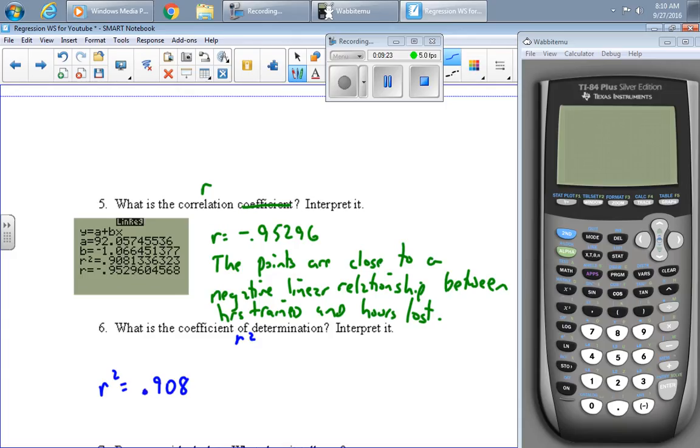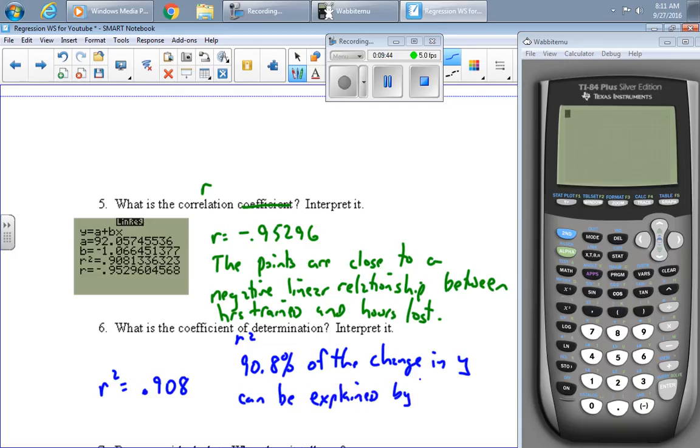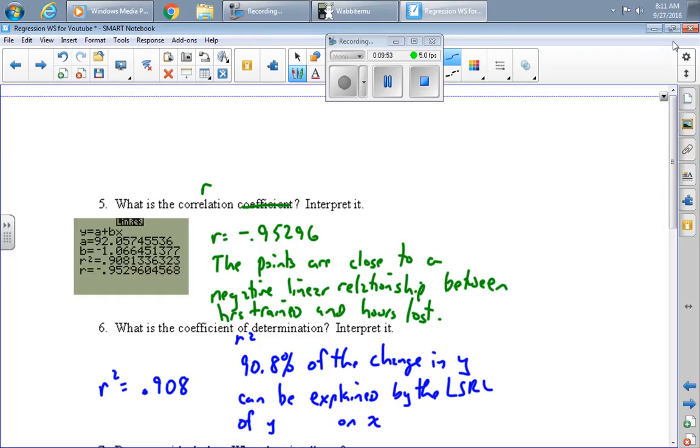And this is kind of hard to understand sometimes, so I would just encourage you to remember a cookie cutter statement like this. 90.8% of the change in Y can be explained by the LSRL of Y on X. And then I don't really want to write Y and X. I want to put that in context.